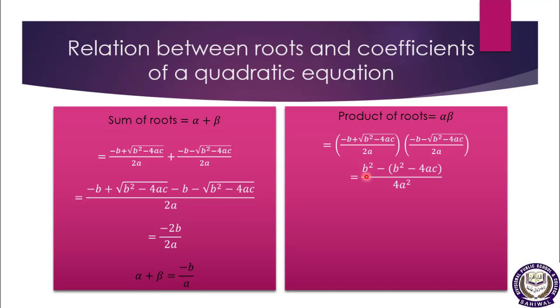After using the identity, we get b square minus 4ac over 4a square. Removing the bracket and simplifying it, we get 4ac over 4a square. After cancellation, we get alpha beta is equal to c over a, or the product of roots alpha and beta is equal to c over a, where c is the constant term and a is the coefficient of x square.